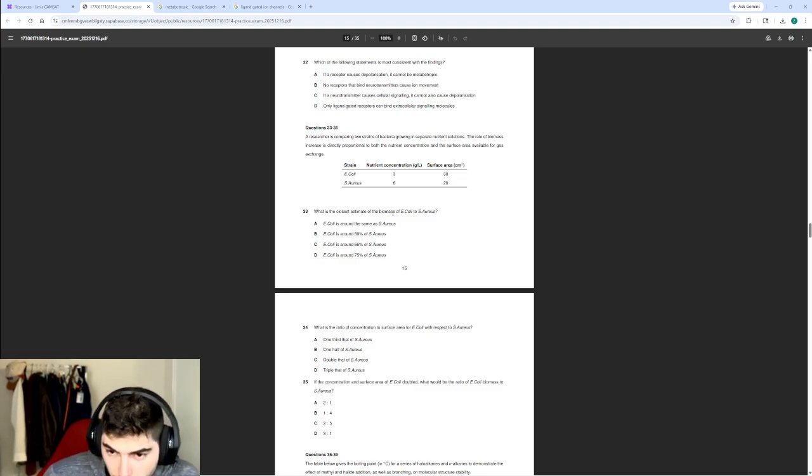A. All those answers are terrible because from what I just did, it looks like S. aureus is 25% bigger in biomass than E. coli, but I don't have that as an answer. So A would be the closest: E. coli is around the same as S. aureus. So let's just lock in A, I guess, and we'll check it.